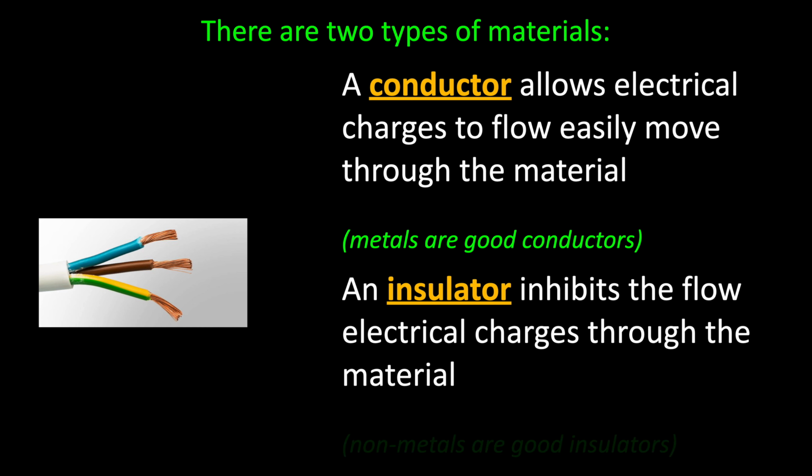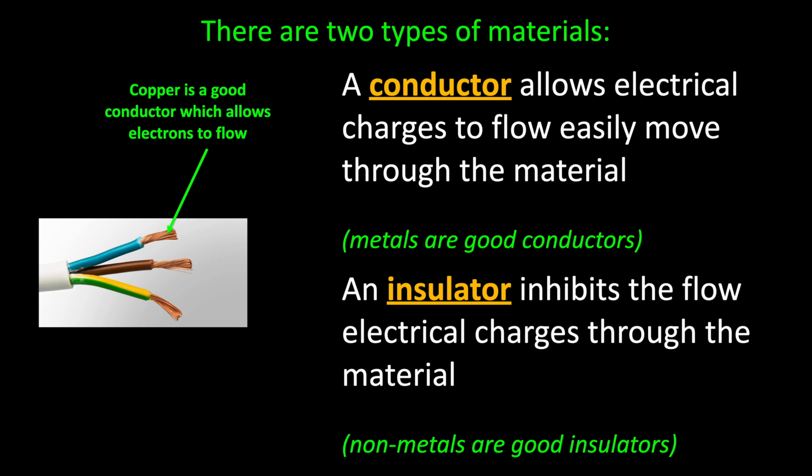If we look at an electrical wire, as we have here, this is the type of wire you often see in a plug or in a building. There are two materials here. First, we have copper, and this is a metal, and it's found on the inside of the wire. It's an extremely good conductor, and it allows electricity to flow through it from the electrical supply, perhaps a battery, onto the appliance such as a bulb.